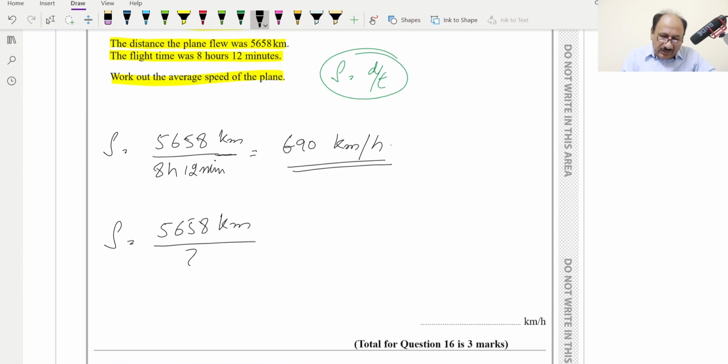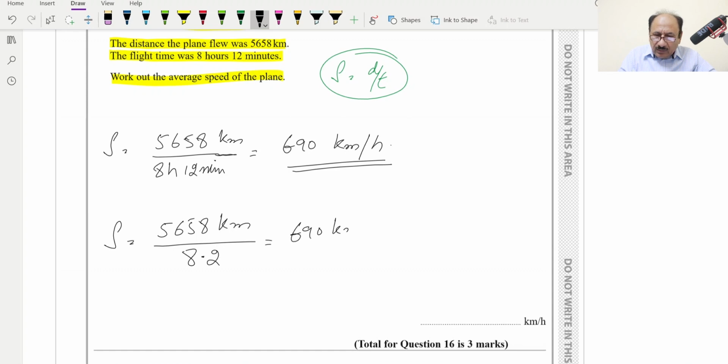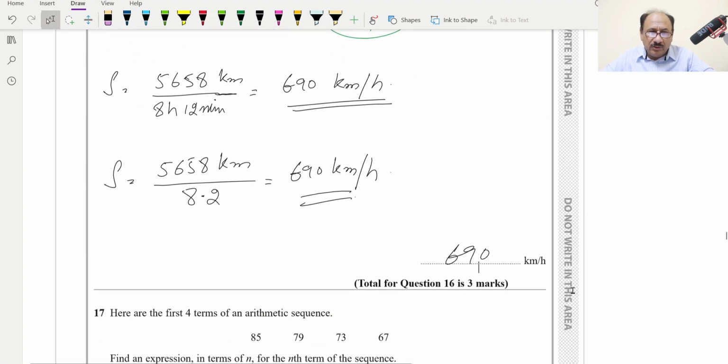So we can write this as 8.2, and now we can divide this as 5658 over 8.2, and you can see this is again the same answer, 690 kilometers per hour. Whatever you like, you can follow the method, and the answers are the same. So 690 kilometers per hour. Hopefully you understood this.